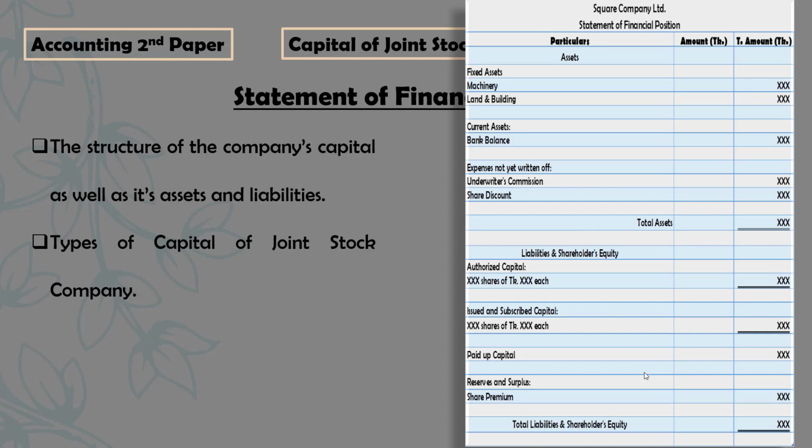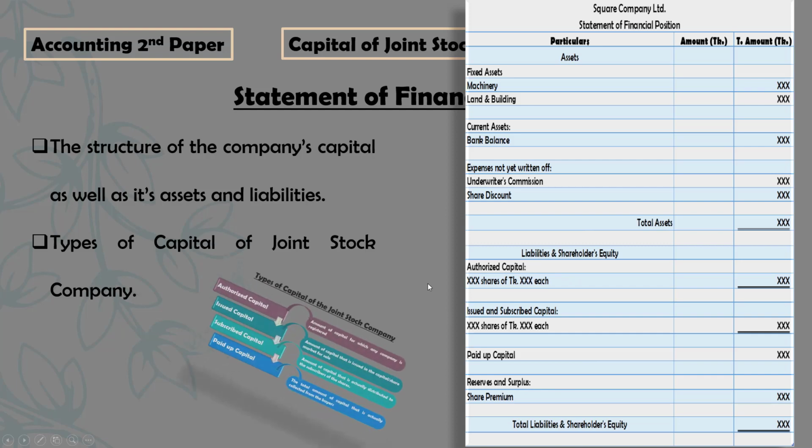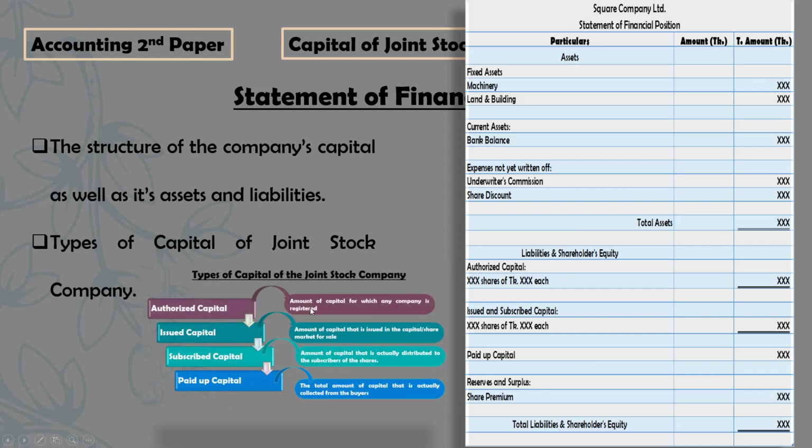This is a demo. Here you can see the upper part of the statement is assets. They are classified into three sections: fixed assets, current assets, and expenses not yet written off. You have learned this classification in your financial statement chapter, and the lower part is classified into capital. We learned in our last class the types of capital of a joint stock company.